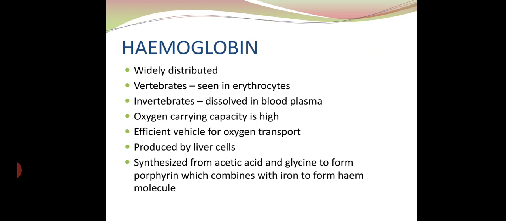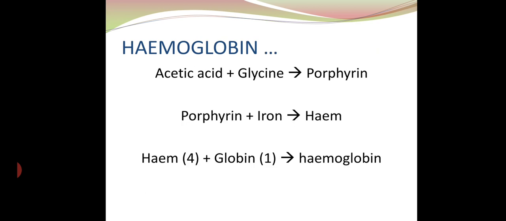So hemoglobin is a metalloprotein. Metalloproteins are a form of conjugated protein. Each hemoglobin is made up of four, that is tetrameric, globular protein subunits. Each subunit, or monomer, is composed of a polypeptide chain tightly associated with a non-protein prosthetic group called heme.